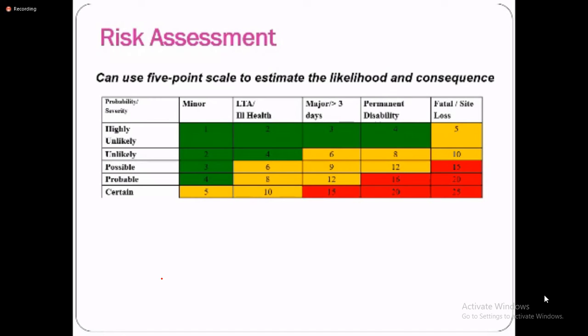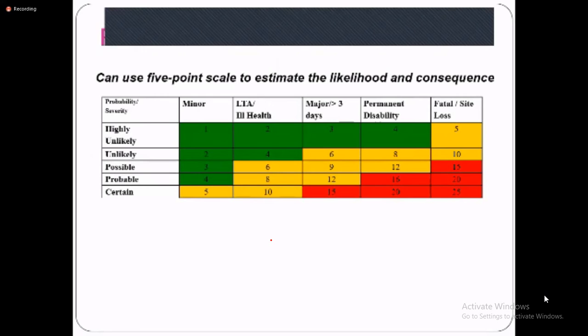Then they come up with a rating for the severity and a rating for the existing control detections. Likewise, they have a separate method, but it is a little bit complicated. But most organizations use this 5 by 5 matrix because it has more clarity than the 3 by 3 matrix.